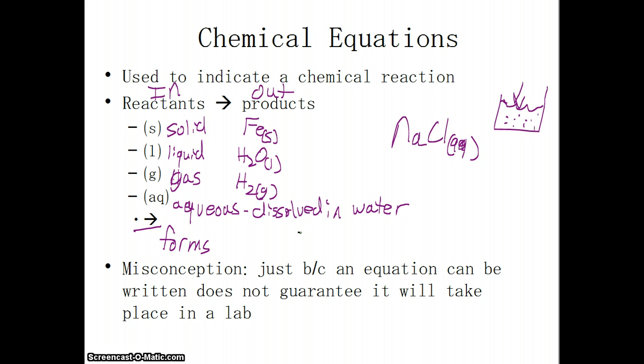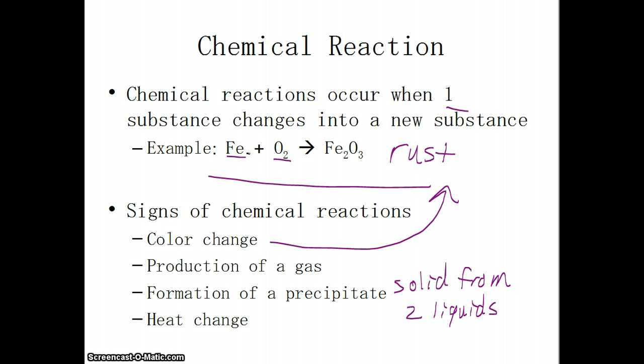So if we think back to our last slide, I would say solid iron plus oxygen gas forms solid iron oxide, rust. That little arrow there means forms.